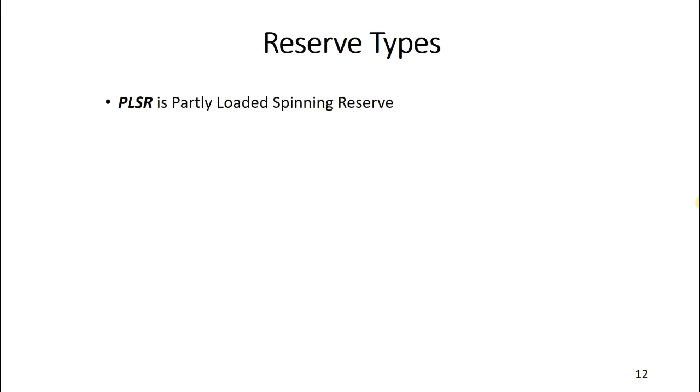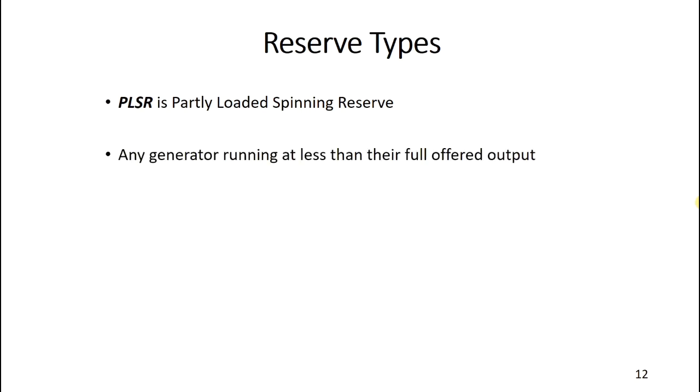The second type of reserves, which is very important, is known as PLSR, which stands for Partly Loaded Spinning Reserve. And this is provided when a generator is running at less than their full offered output. So a generator might be running at 100 megawatts, for example, even though they've offered in 200 megawatts. So there could be up to 100 megawatts of reserve provided from that generator.